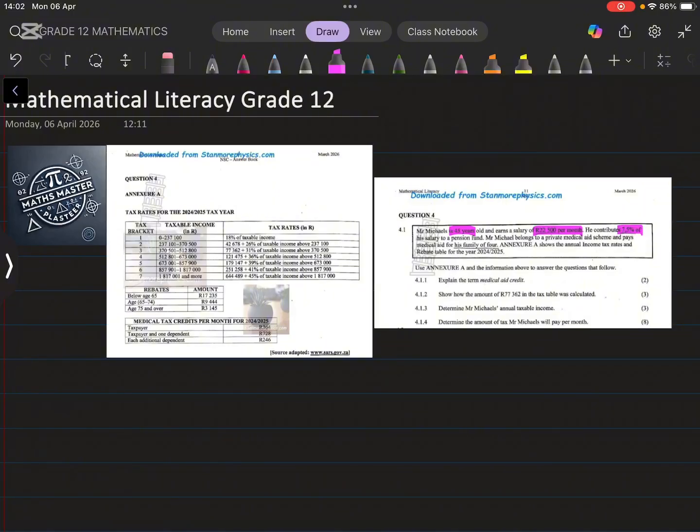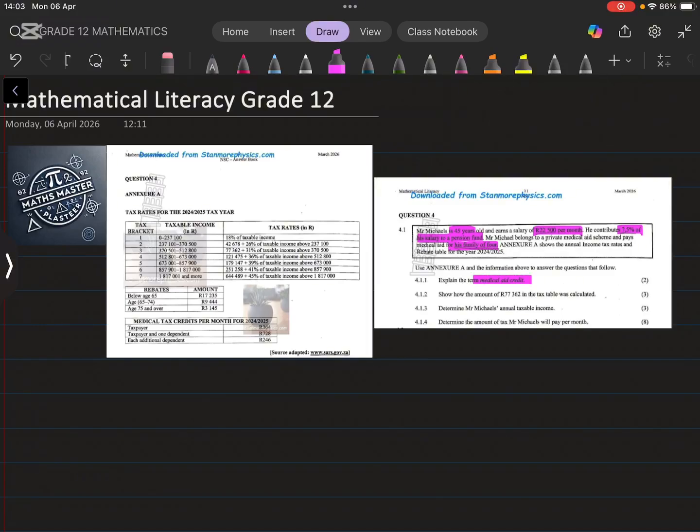He contributes 7.5% of his salary to a pension fund, and Mr. Mitchell belongs to a private medical aid scheme for his family of 4. Then find the annexure of the income tax rates 2024-2025, right? So here is an income tax bracket with the bracket and the income tax.